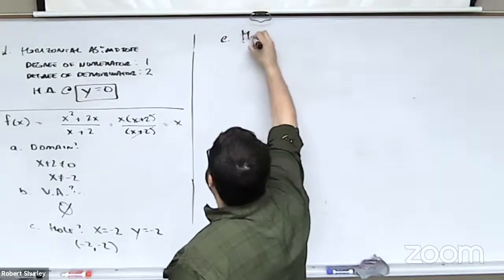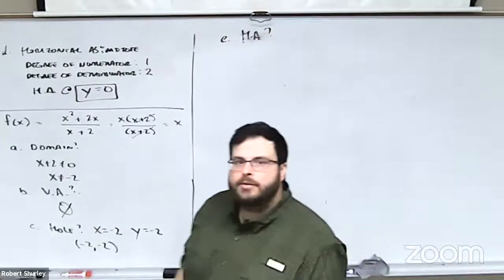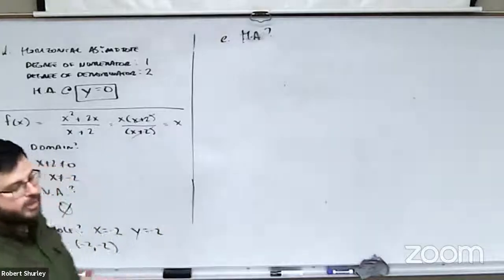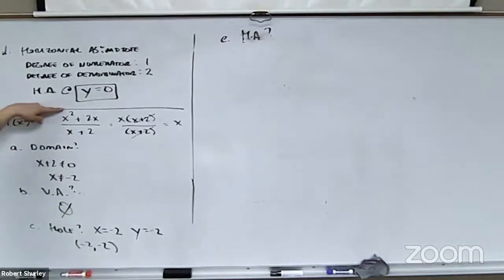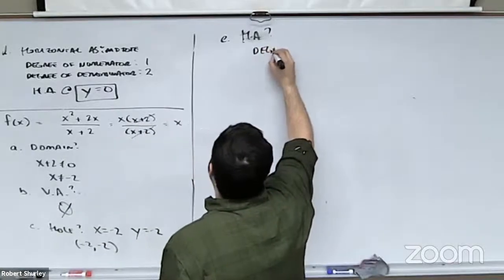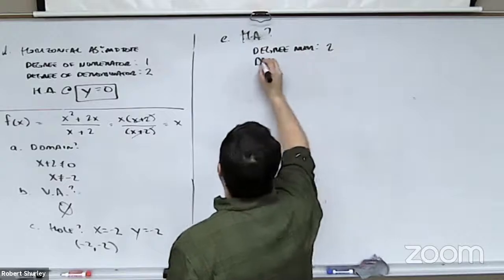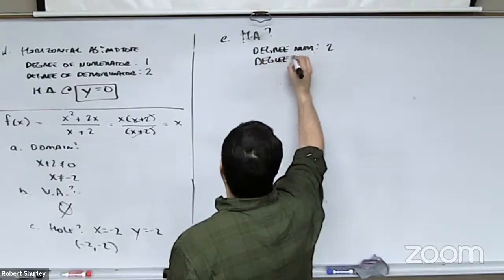Actually, let's just call it HA so I don't have to write it all out. Well, we're going to look at the degrees of the numerator and denominator again, and notice these are different. The numerator degree is larger. So the degree of the numerator is 2, and the degree of the denominator is 1.